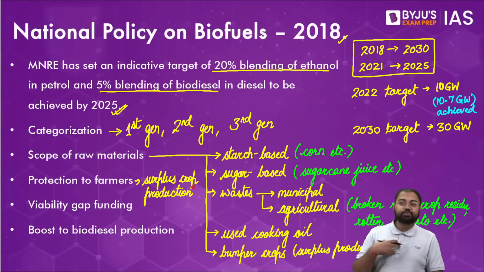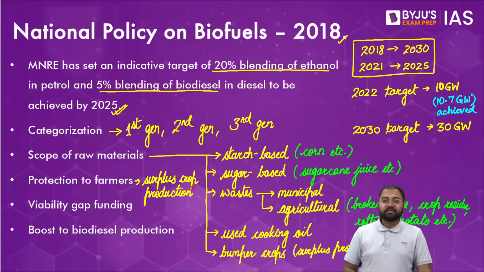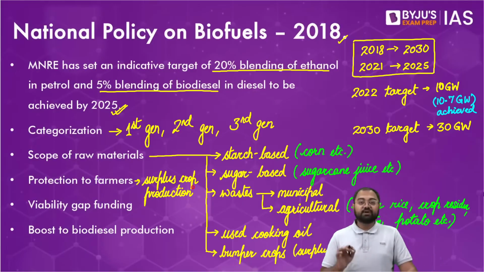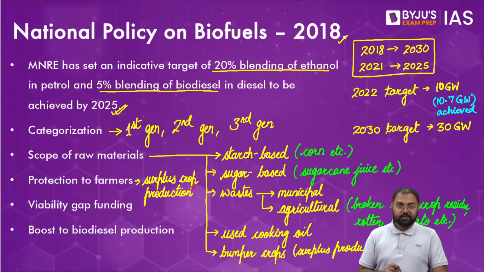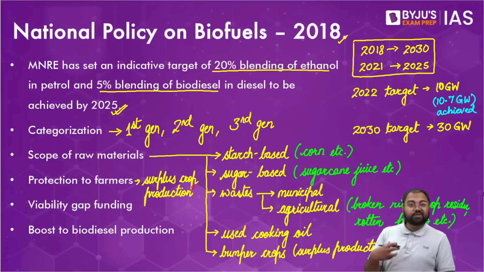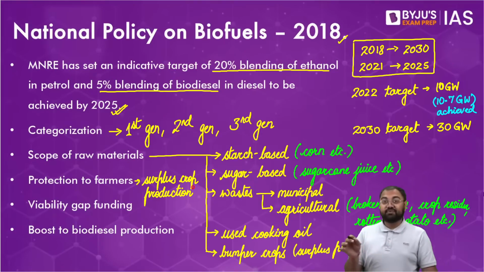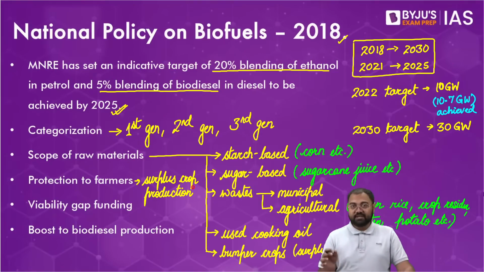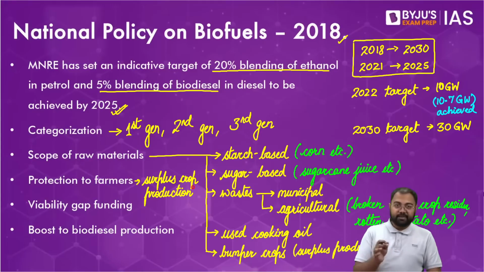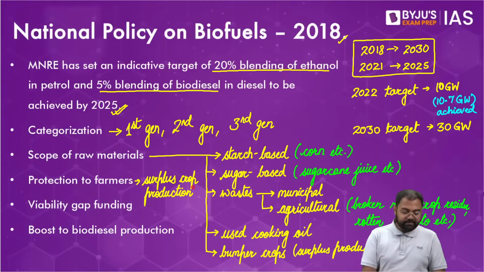If they have to provide a certain extra amount of financial help, then that is called viability gap funding. Basically, whatever you need to make that project viable, to make that project work, viability gap funding is a method for that extra support.